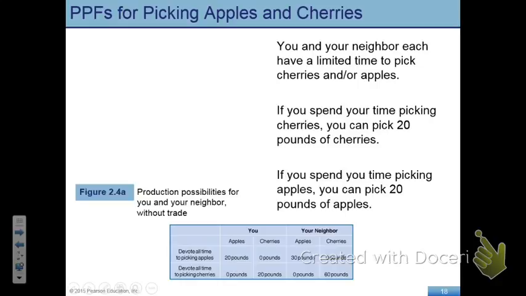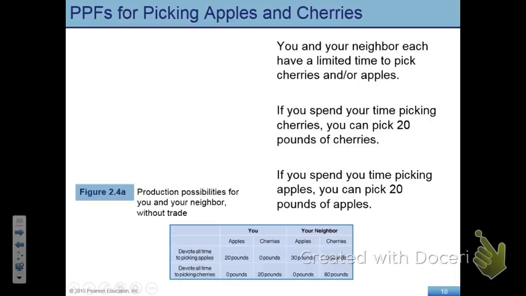For you, if you devote your entire time to apples, you can pick 20 pounds. If you allocate that to cherries, you get 20 pounds. So for you, it seems like you are equally efficient in picking cherries and apples. Are we all clear on that? Your neighbor, however, can pick a maximum of 30 pounds of apples and a maximum of 60 pounds of cherries.